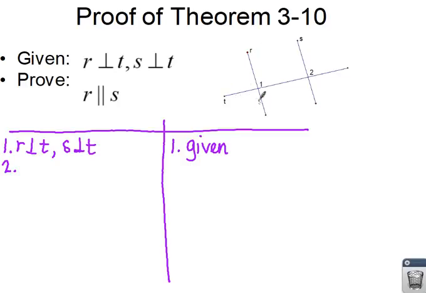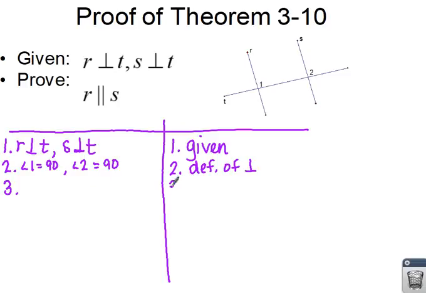Okay, so if R is perpendicular to T, that means angle 1 has to be 90 degrees. And if S is perpendicular to T, that means angle 2 has to be 90 degrees. Because that's what perpendiculars do. They make right angles. So we put definition of perpendicular.